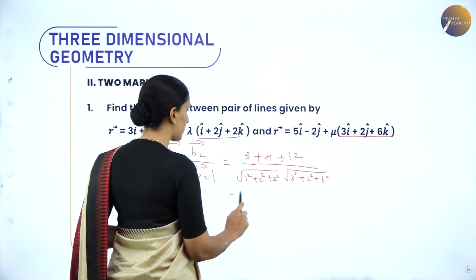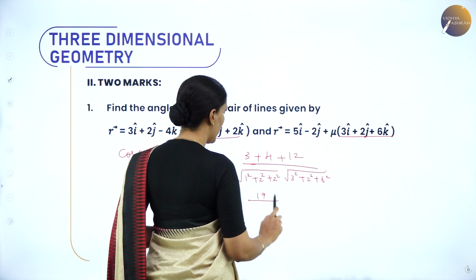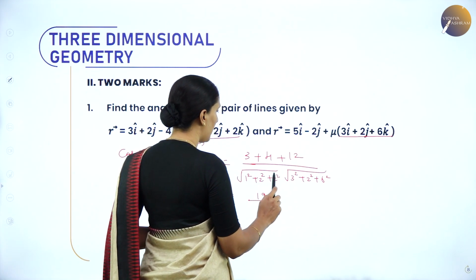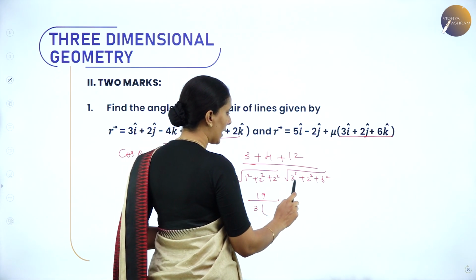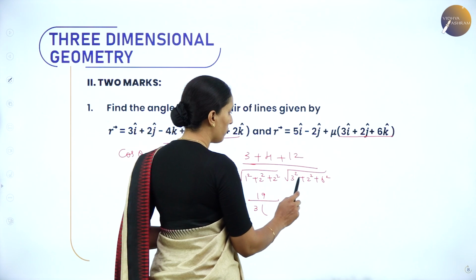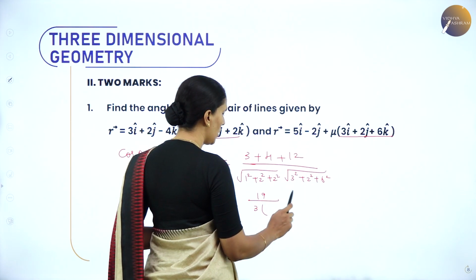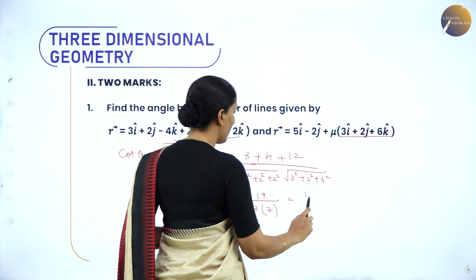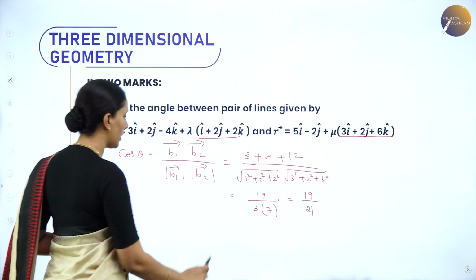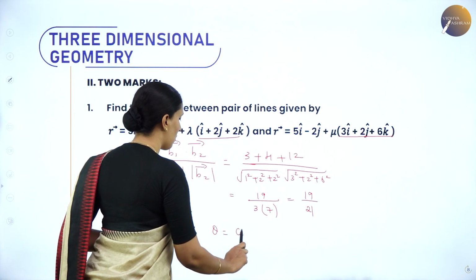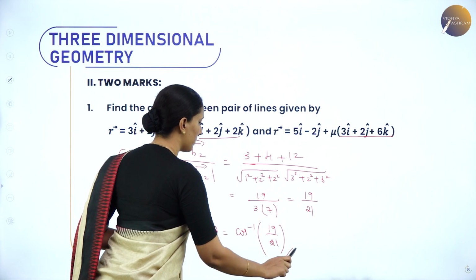So here 3 plus 4, 7, 7 plus 12, 19, divided by, so here 4 plus 4 plus 1, root 9, which is 3, and here 9 plus 4, which will be equal to 13, 13 plus 36, which is 49, so which is 7. So here we'll get 19 by 21, that is cos theta is equal to 19 by 21, or theta is equal to cos inverse of 19 divided by 21.